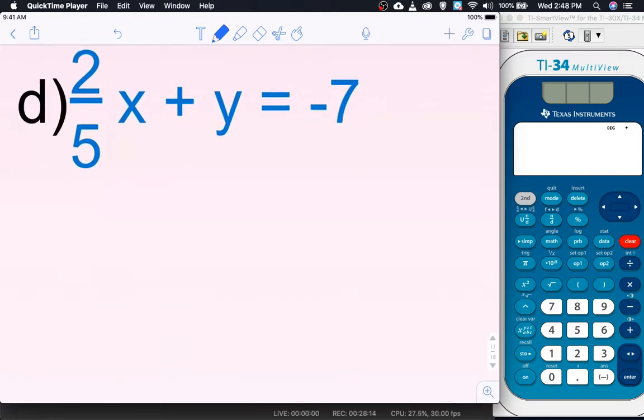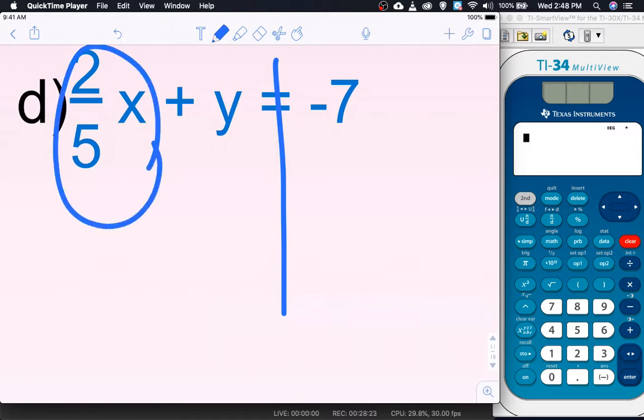Here, letter D. In order to get the y variable by itself, we are going to get rid of the x piece right here. So the problem says negative 2/5 x plus y equals negative 7. So I'm going to make that 2/5 x, I'm going to subtract it from both sides. So minus 2/5 x here, minus 2/5 x there.